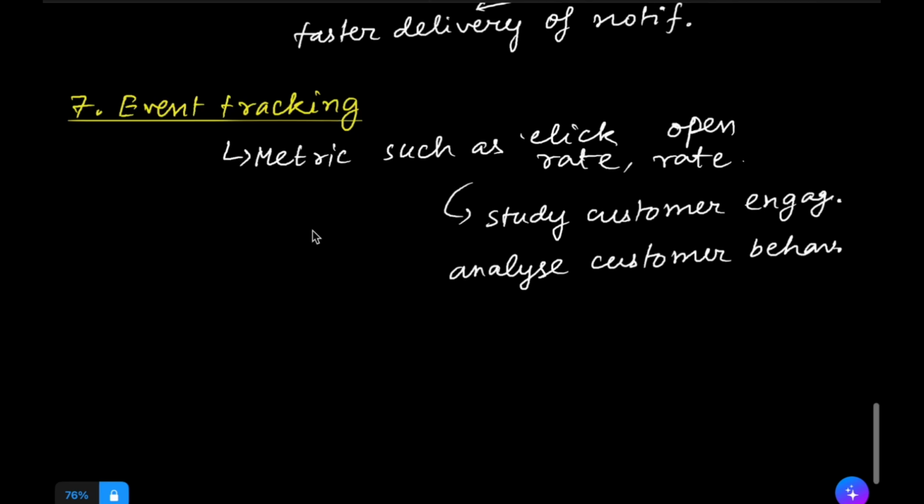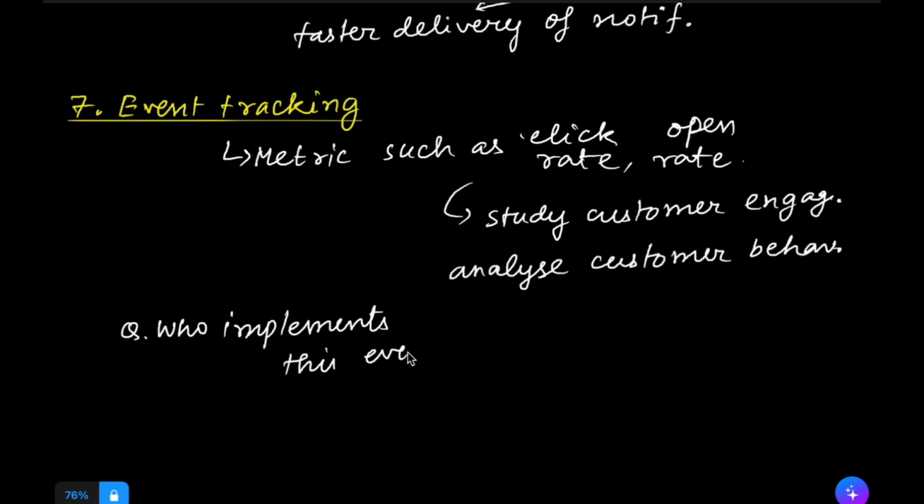So this event tracking is implemented by a third party service. If we ask who implements this event tracking, this is basically done by our analytics service. This is a third party service which we incorporate along with the notification system.